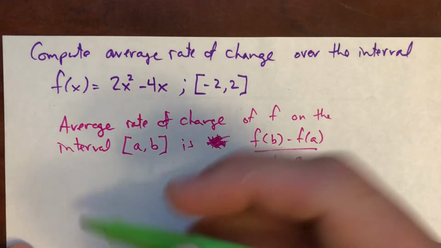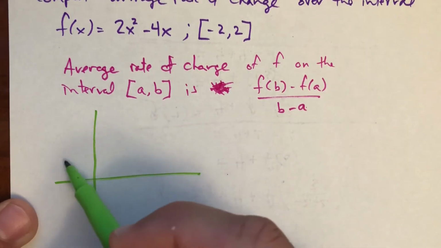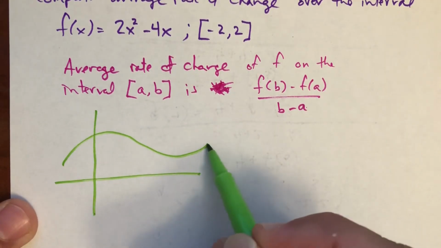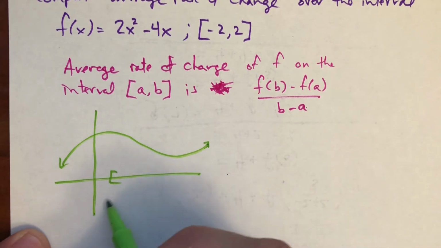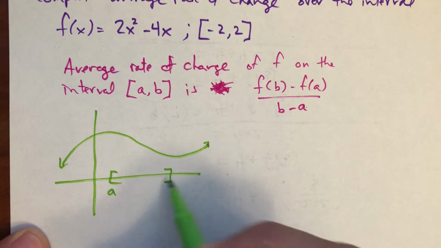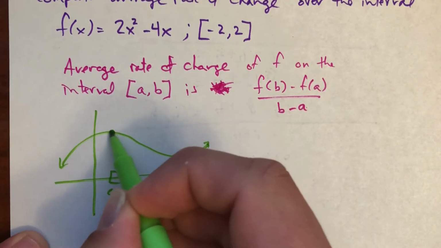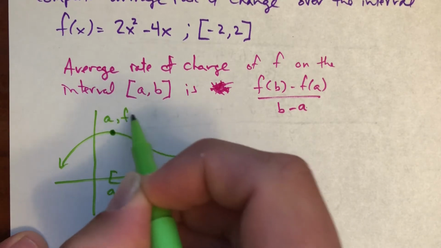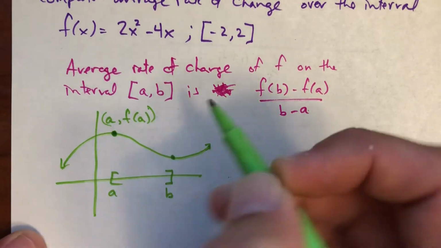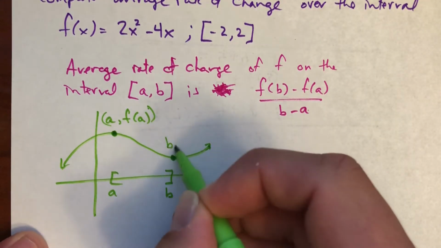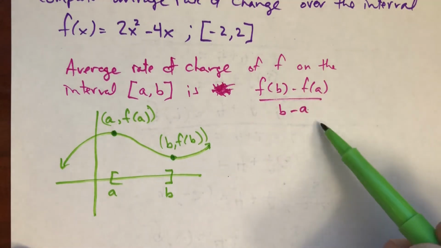We might have seen a picture. I'll draw you a picture. We want to know the average rate of change of this function, maybe from a to b. So this point right here is (a, f(a)), and this point right here is (b, f(b)).